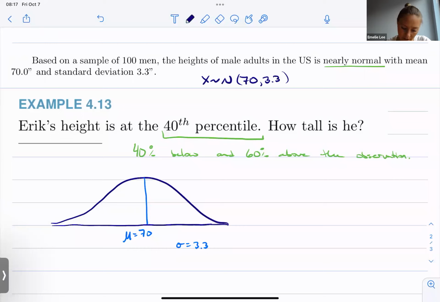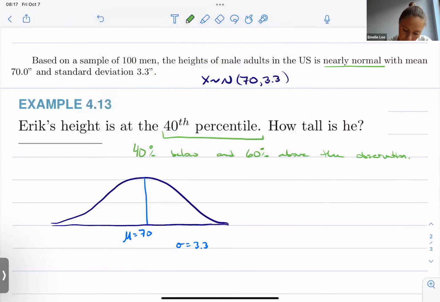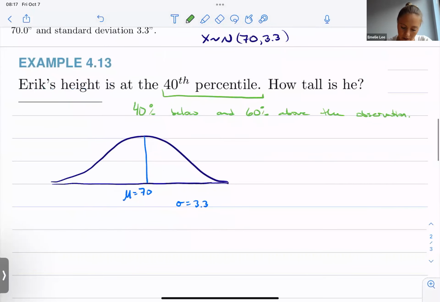So now I think we're ready to draw this observation. The 40th percentile: the normal distribution is symmetric, so at the midway point I must have 50% below and 50% above, which means that 40% below would be to the left of the mean, so less than the mean.